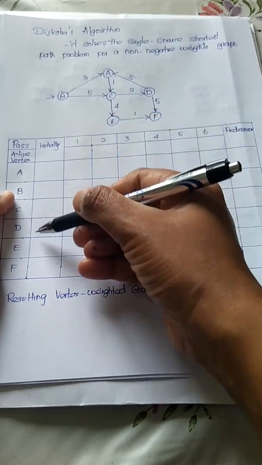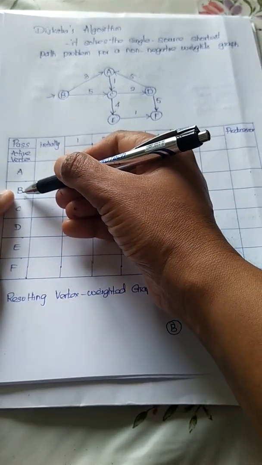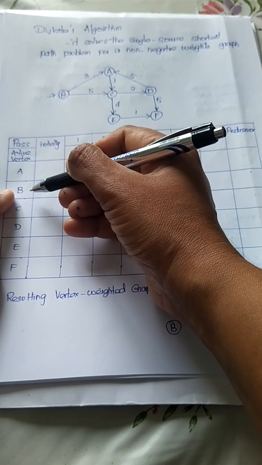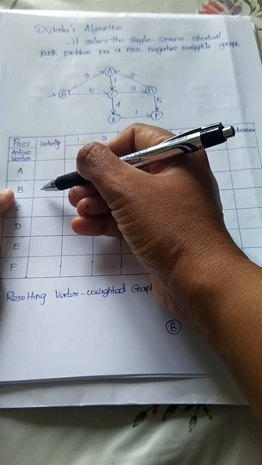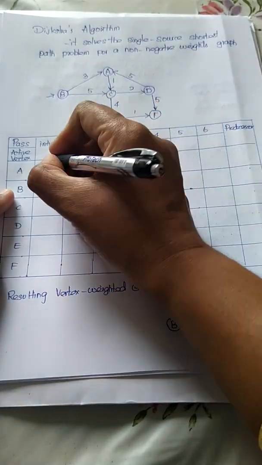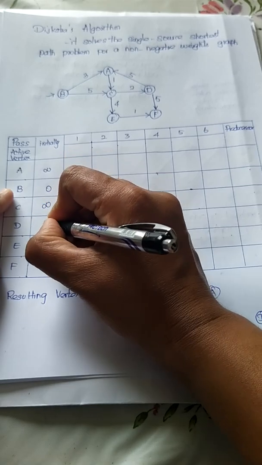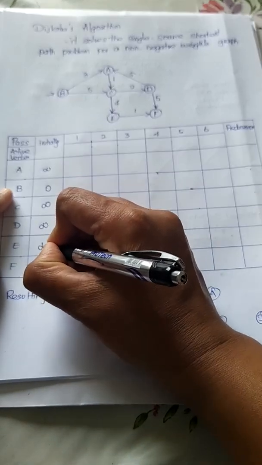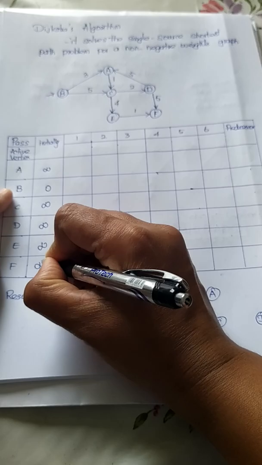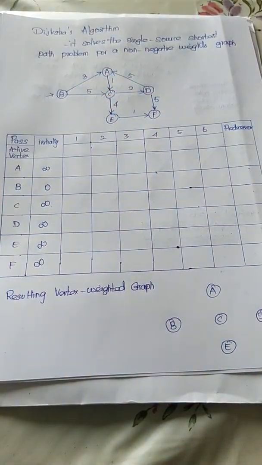What are the initial values for these vertices? As I'm going to start from B, we initialize the distance of the starting vertex to 0 and the other vertices to infinity. That's what you call the initial step.